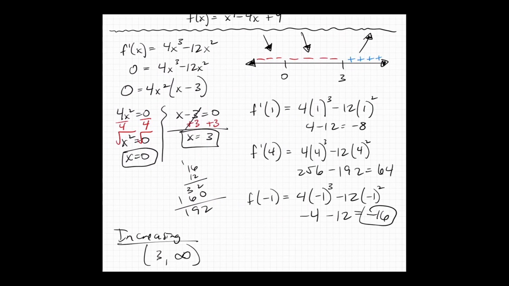Here's my question. We've never seen one like this. Usually at the critical values, they change. So what is that going to look like?